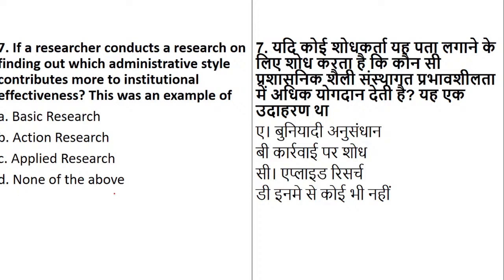Read the question very carefully. If you want, I will also read it again for you. A researcher is doing a research. We know that. Now what is the research? To find out the administrative style which contributes more to institutional effectiveness. So it is what?